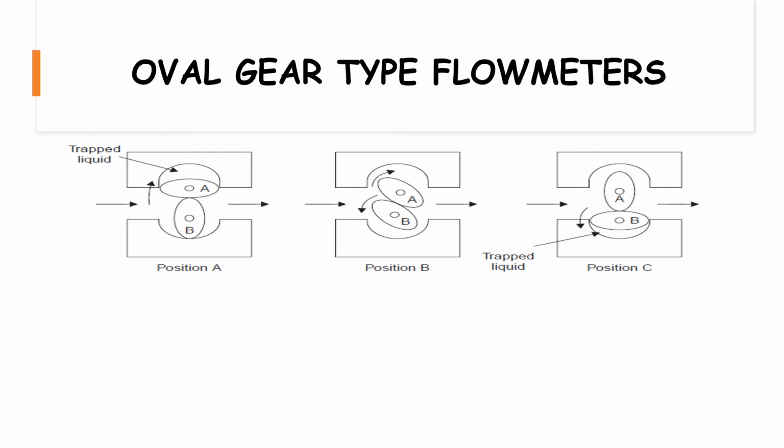This operation is then repeated, with each revolution of the gears representing the passage of 4 times the amount of fluid that fills the space between the gear and the meter body. Therefore, the flow is directly proportional to the rotational velocity of the gears. Again, if slippage between the oval gears inside the housing is small, and the flow rate and viscosity are high, then these meters can provide high accuracy.